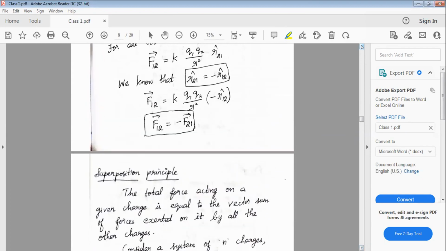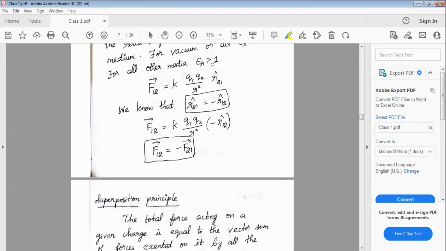So when you put R21 here, that is equal in magnitude but opposite in direction to R12. Both the unit vectors are equal in magnitude, but the direction is different. For R12, you are moving from charge 1 to charge 2. For R21, you have to move from charge 2 to charge 1.